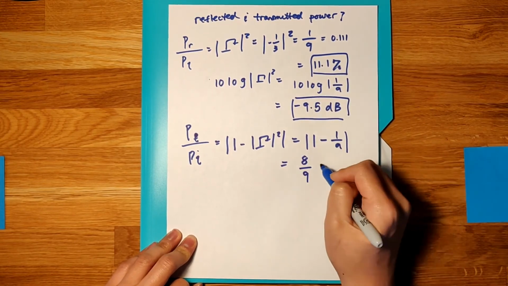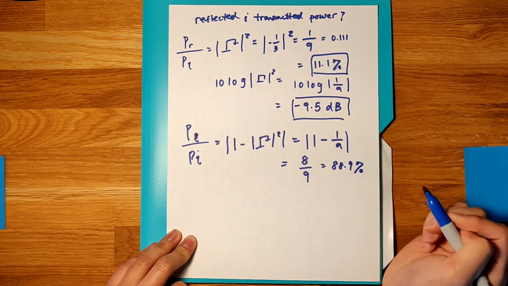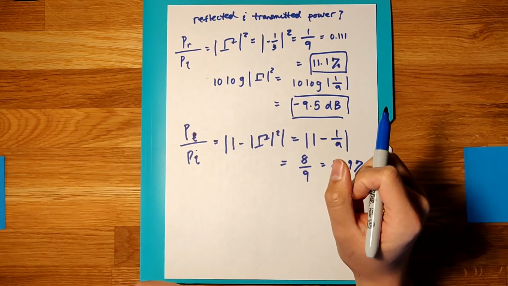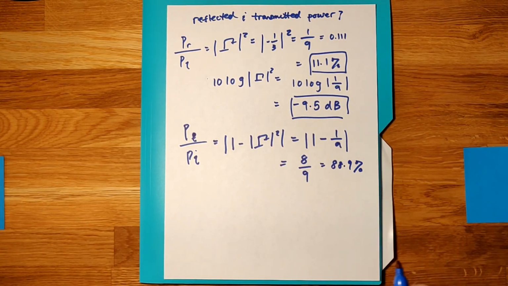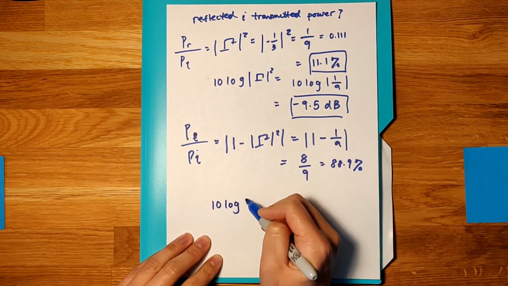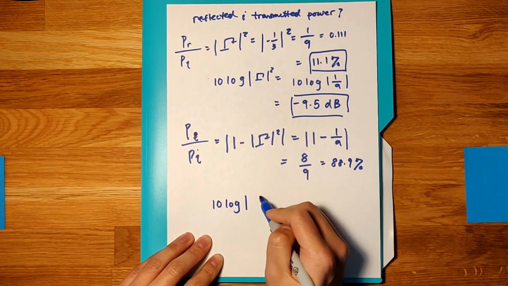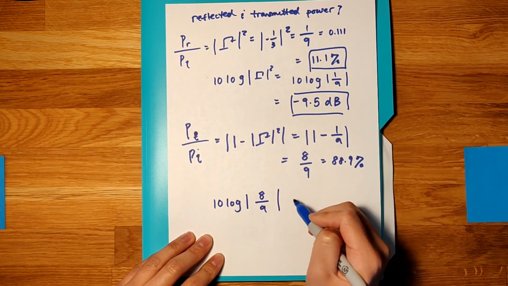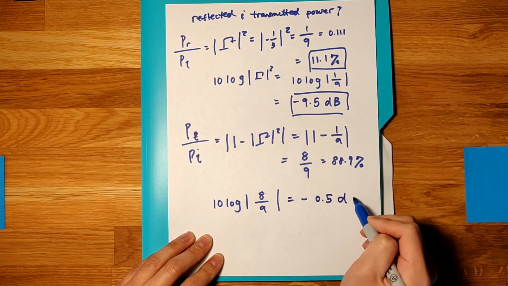Now dividing this, you will get about 88.9%. And please note that this equation only works for lossless power. So converting this to dB, 10 log of 8/9 will just be -0.5 dB.